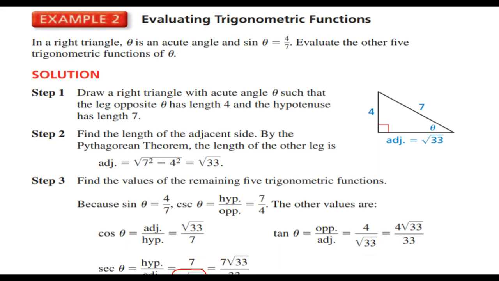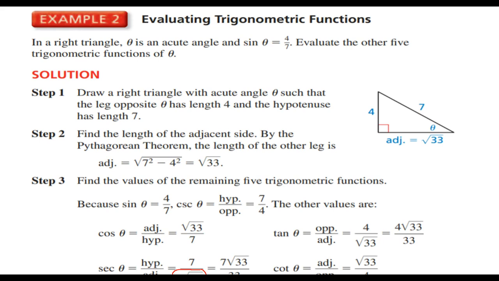So we will be doing the same thing by multiplying both numerator and denominator by square root of 33. So 7 times square root of 33 is 7 square root of 33. Square root of 33 times square root of 33 we will get 33. So that will be the value of your secant theta, 7 square root of 33 over 33.